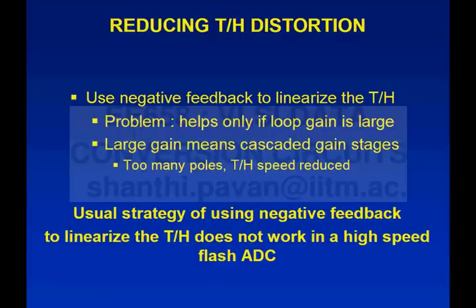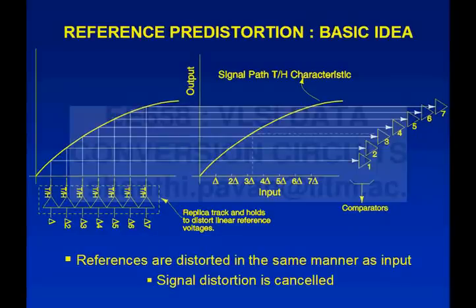And I have said, using negative feedback to linearize the track and hold does not work in an application such as this. So another idea is to do the following.